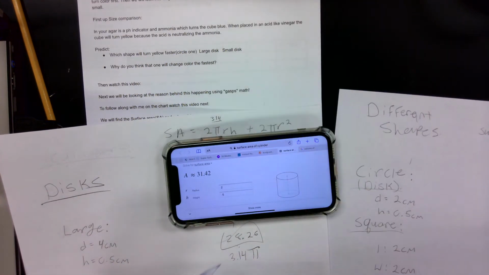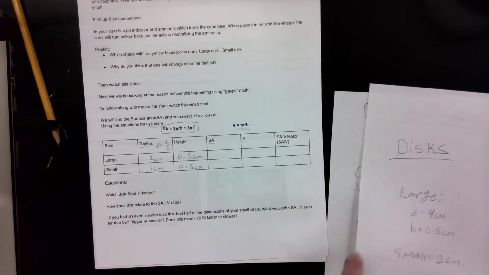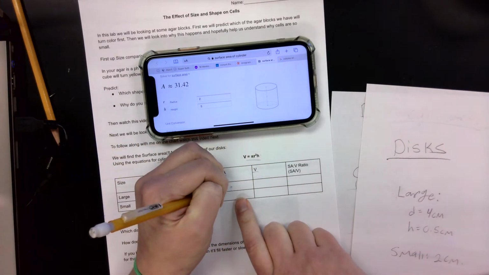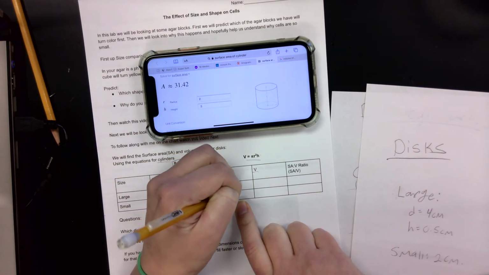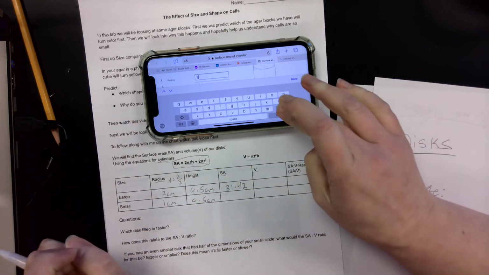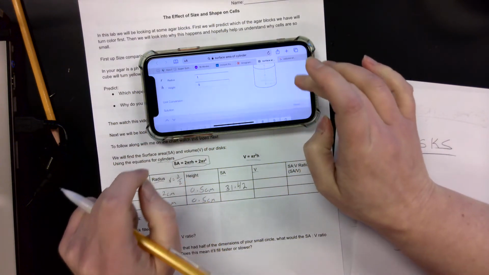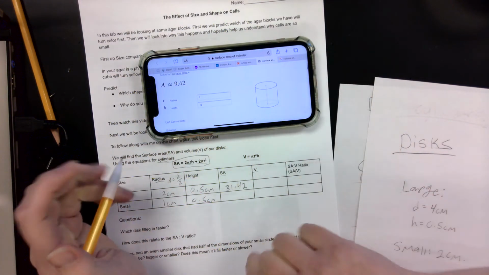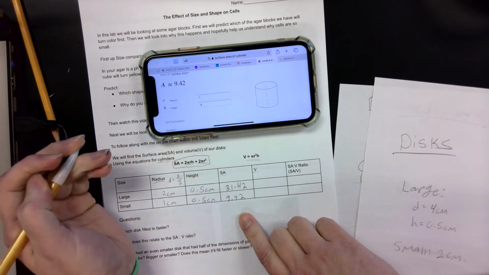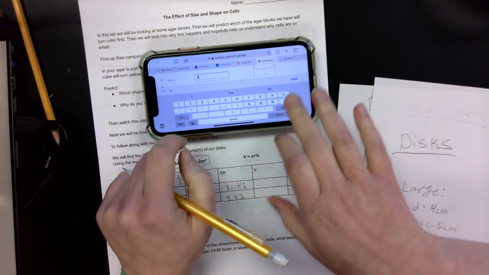So my area for our large disk is 31.42, and for the small one it is 9.42. Quite a difference, huh?